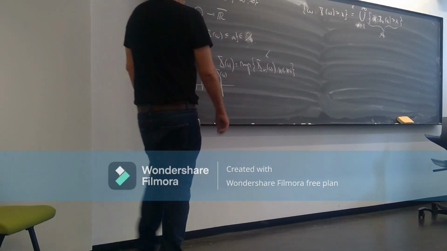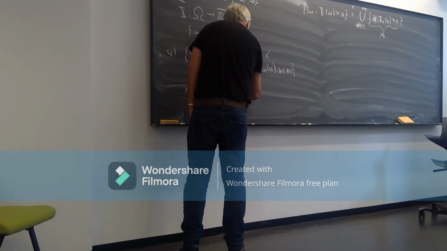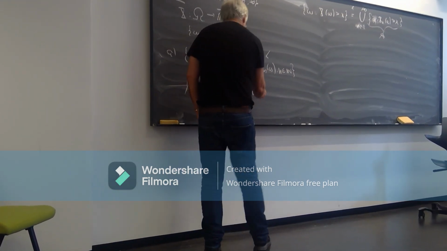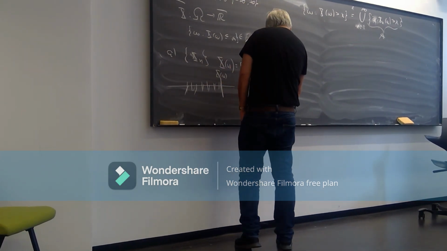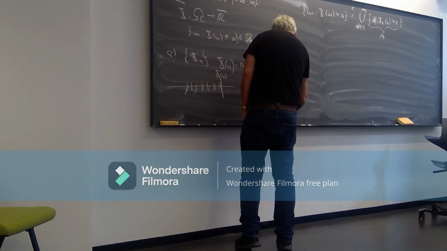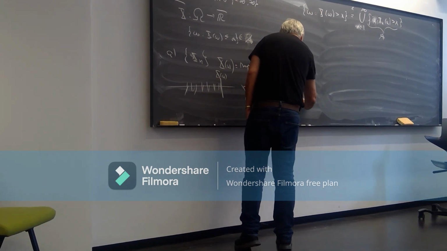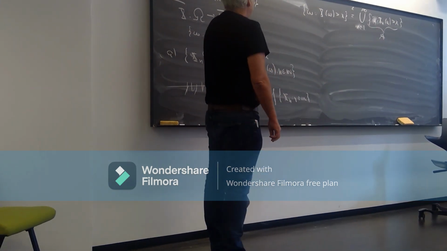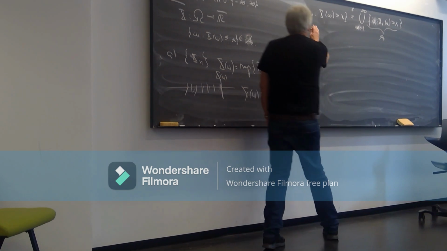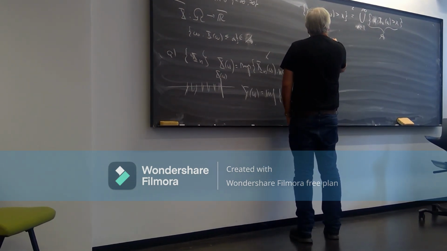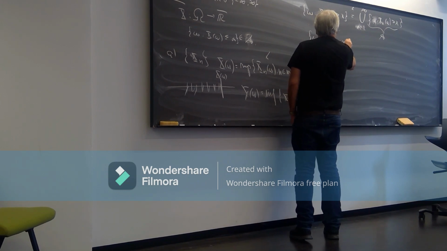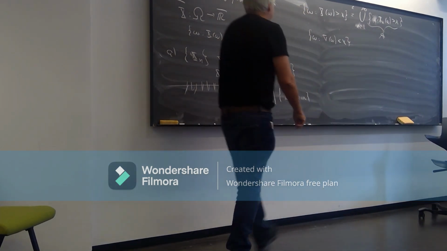What about the infimum? If you know that y is the infimum, the greatest lower bound, well, you use the same trick, but you use a different description here. What you now look at is the set where y of omega is strictly less than x.